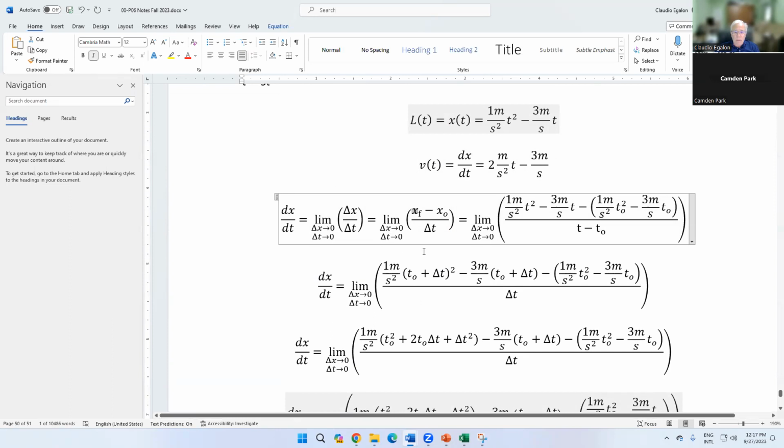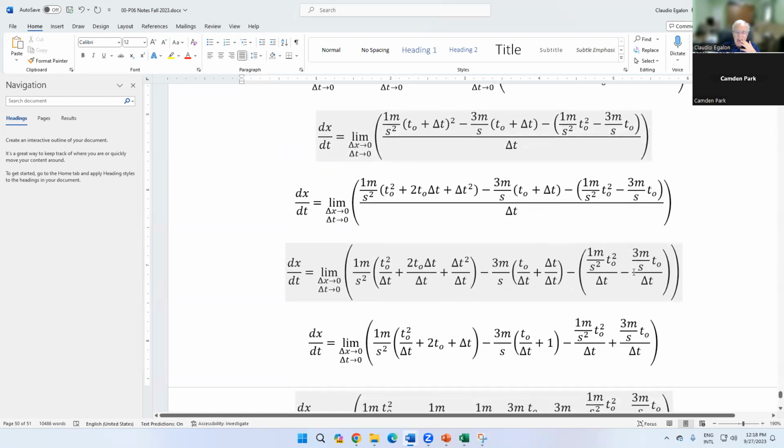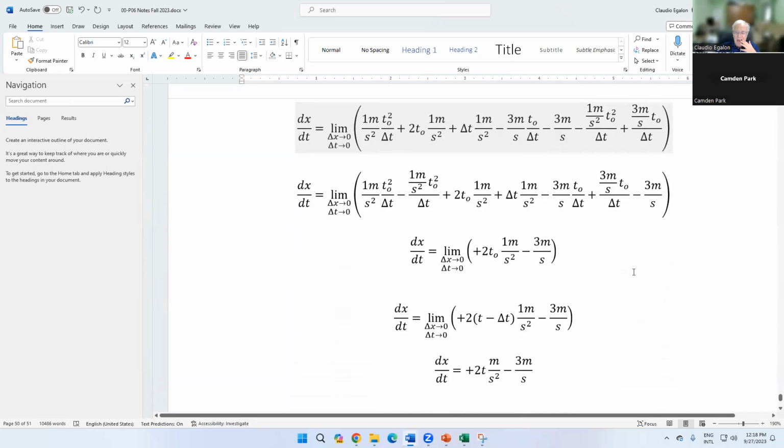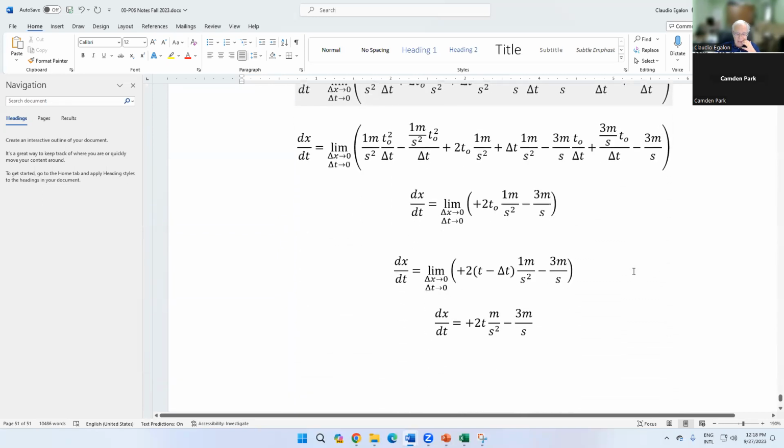I have another question. Let's say there are 3 different displacements, then how do you calculate average velocity with 3 different displacements and 3 different time periods?